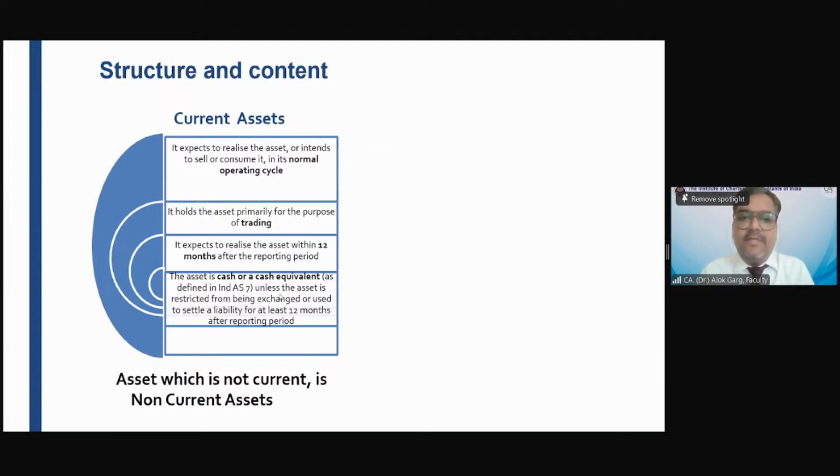Okay, and the last part is the asset is a cash or a cash equivalent as defined in Ind AS 7. Day after tomorrow, when we will have a class on Ind AS 7, we will understand cash and cash equivalent. If it is cash, it is always a current asset.